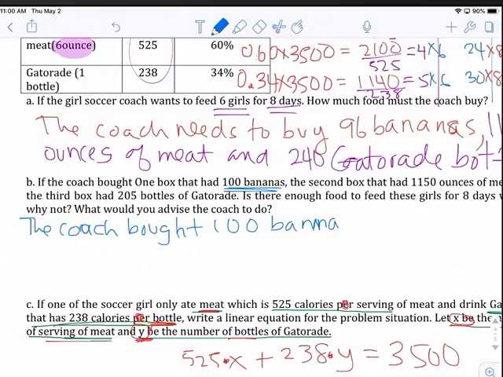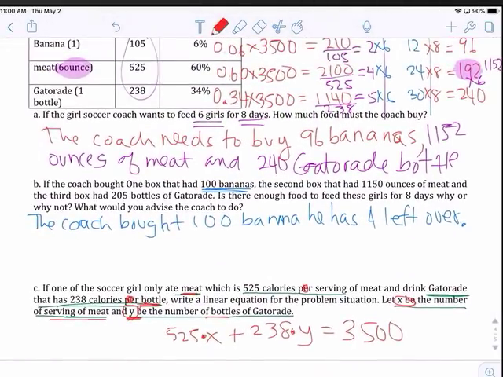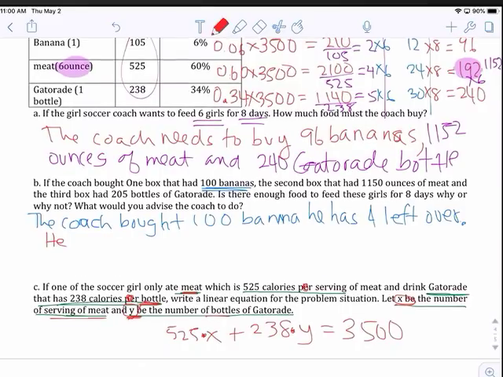He has 4 leftovers, correct? He needs to return 4 leftover. Did he buy enough meat? No.